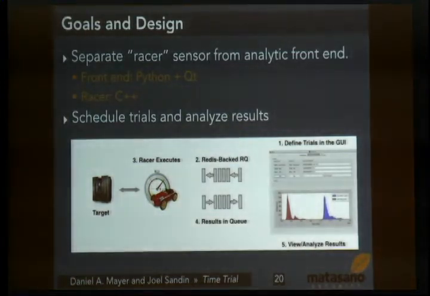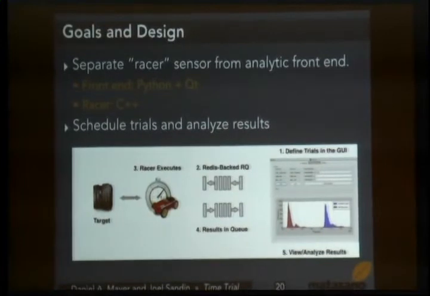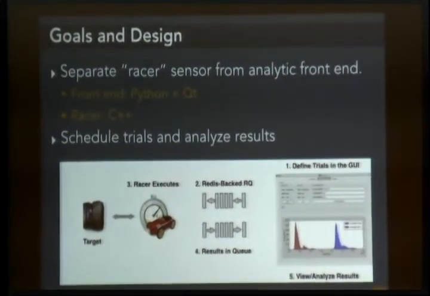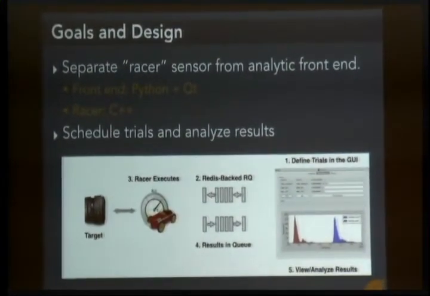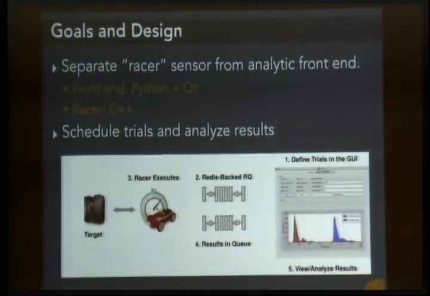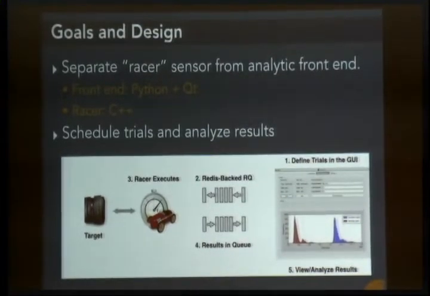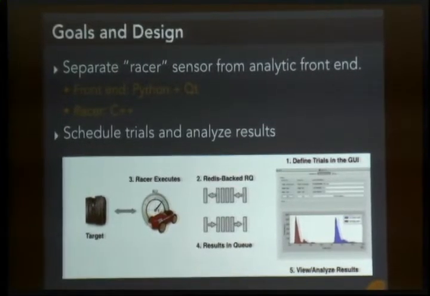Our design separates what we call the sensor, or the racer, which is the component that actually measures timing data, from a GUI component. The reason for this is that we would like our measurements to be flexible. We either want to run them in our local network, or across the internet, or if we have a target which is running on a cloud instance, why don't we just rent an EC2 instance as well and run our timing measurements directly from there?